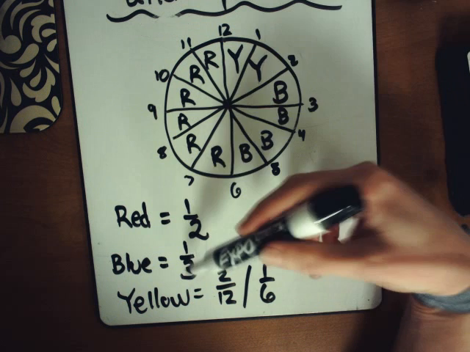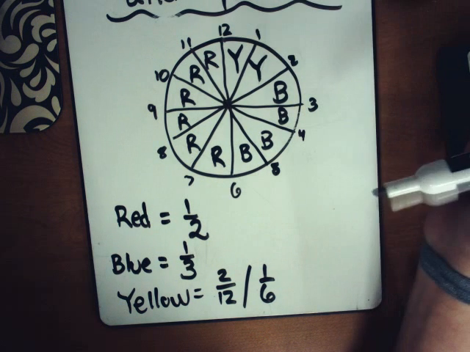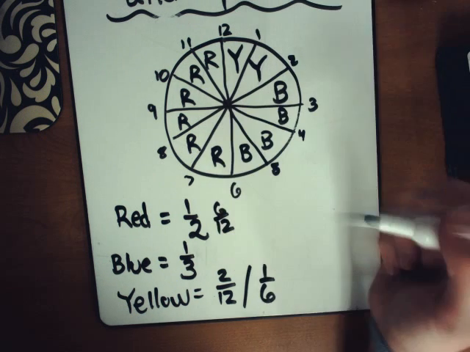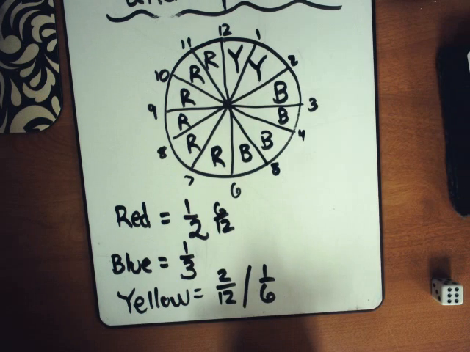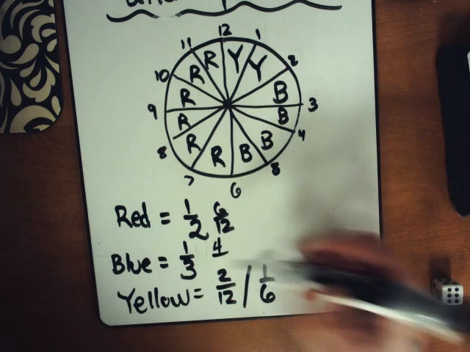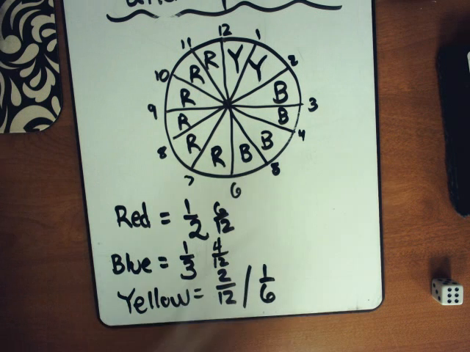More likely to land on blue than I am to land on yellow. Most likely going to land on red half the time, right? So half, or I could have written this as 6/12, right? Or blue, for my 1/3, I could have written this as 4/12. It's the probability, right? So these are equivalent fractions. So that's definitely an unfair spinner right there.